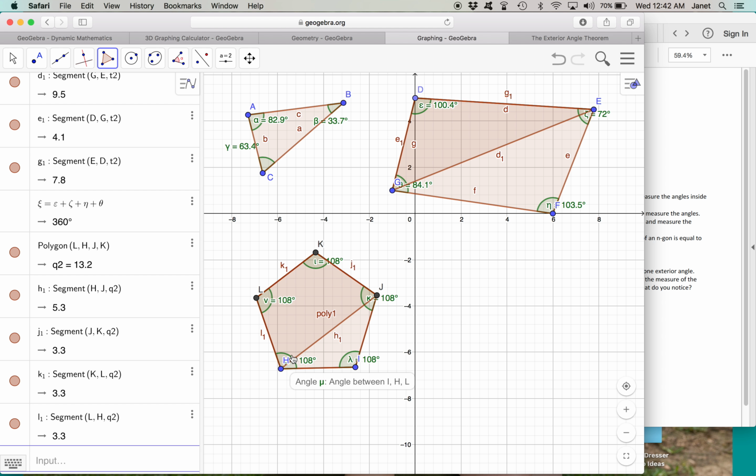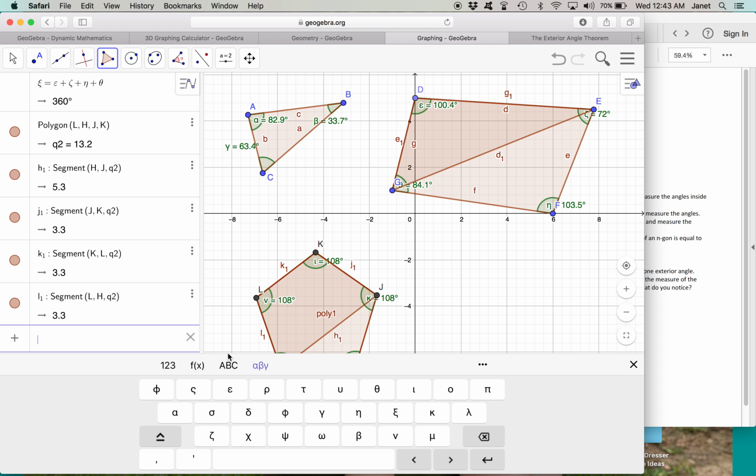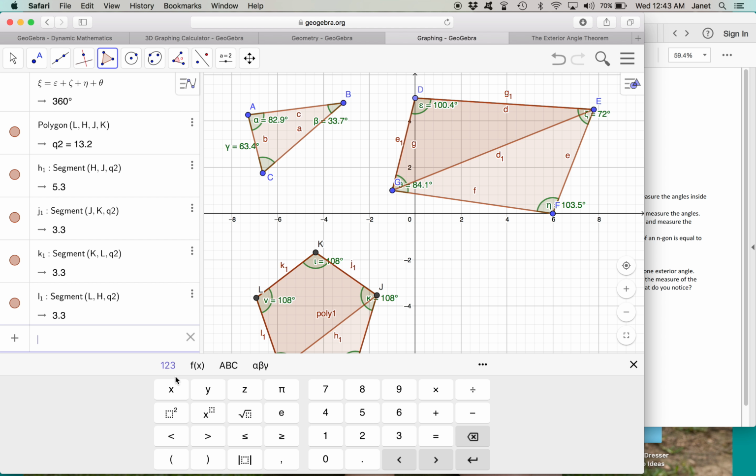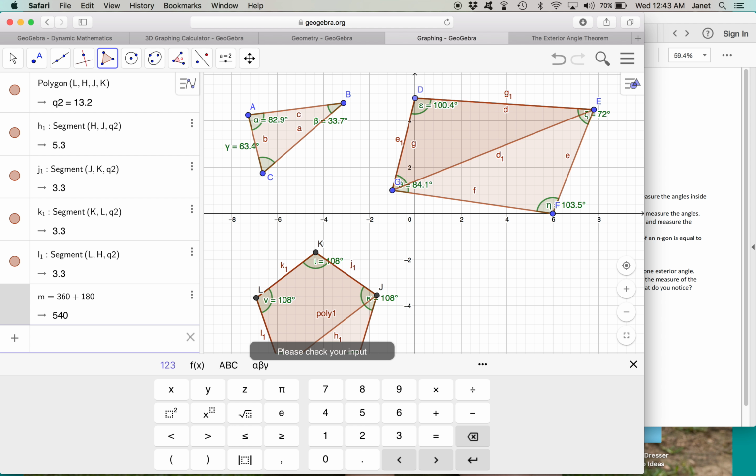Same thing over here. So I'm going to take my 360 degrees and add 180 degrees to that. Now let's say you don't want to do that in your head. Let's take 360 and add 180. And it does the math for you if you don't feel like doing the math in your head.